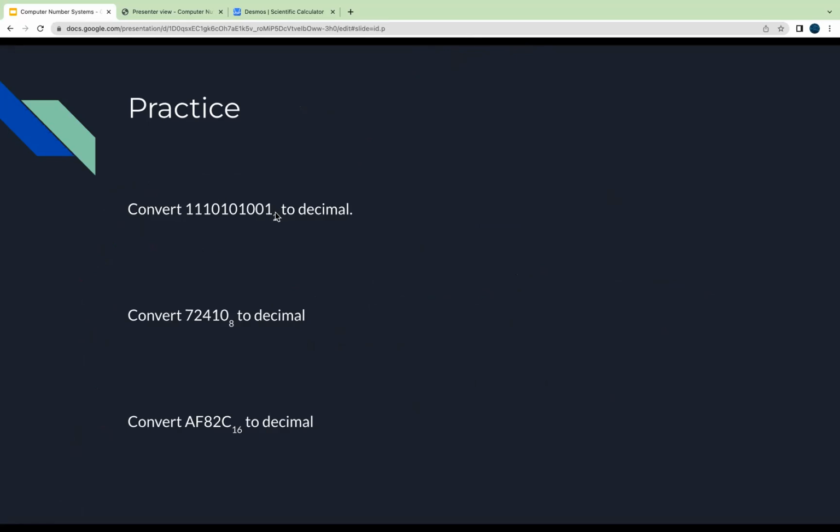So remembering to index this, I'm going to write this out with a little bit bigger font so we can see. 1, 0, 1, 0, 1, 0, 0, 1. All right, I'll space it out a little bit so it's a little bit easier to see.